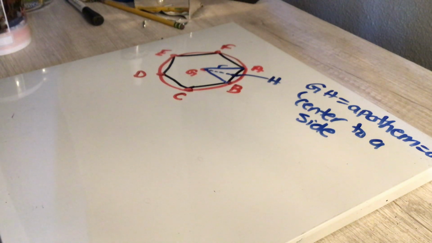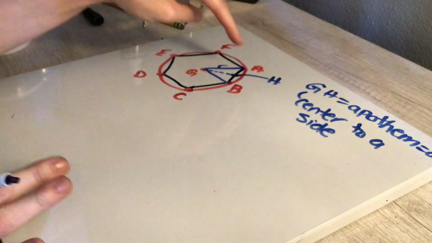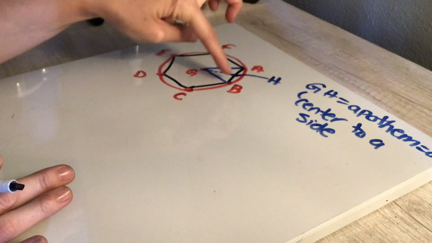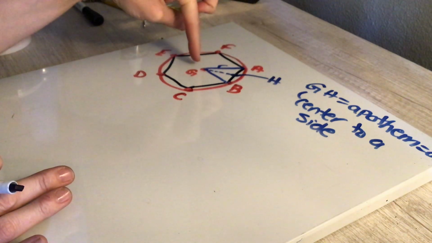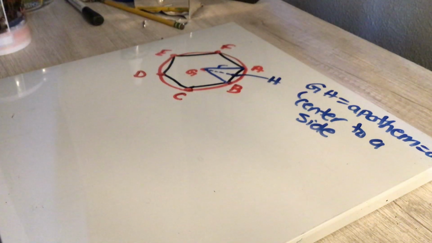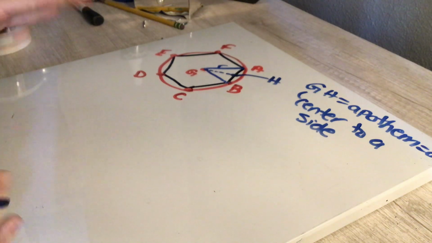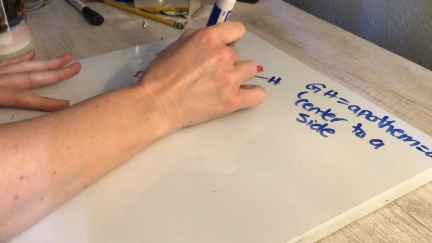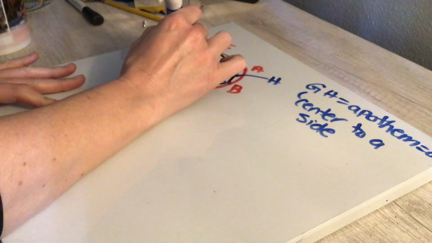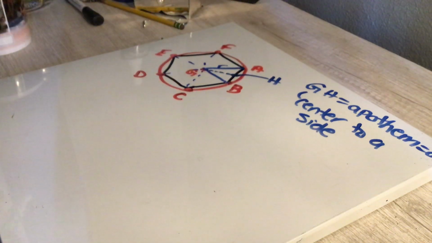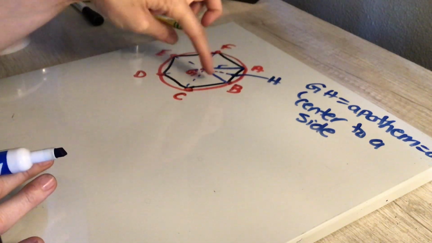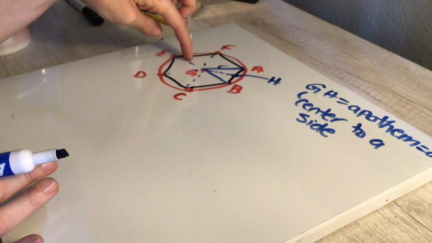So the apothem is the height of a triangle between the center of 2 consecutive vertices. So if I'm looking at triangle ABG, okay, the height is the apothem there. So I can divide this hexagon into 6 congruent triangles, right? 1, 2, 3, 4, 5, 6.